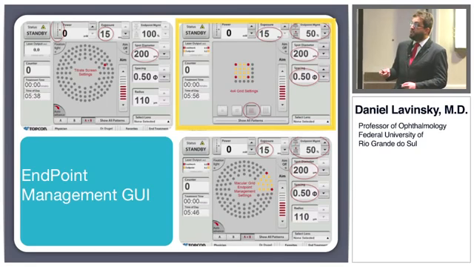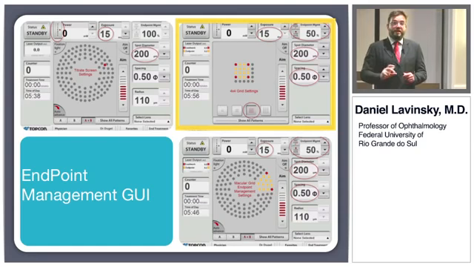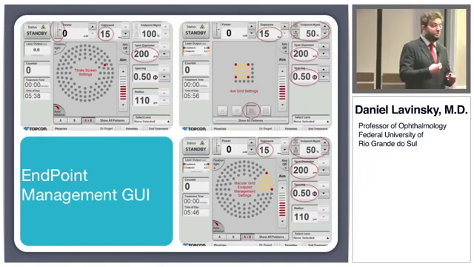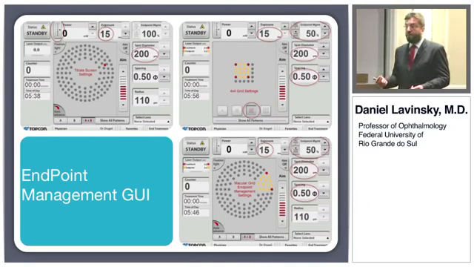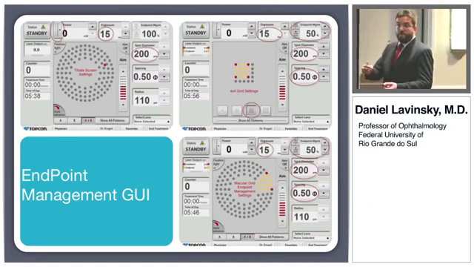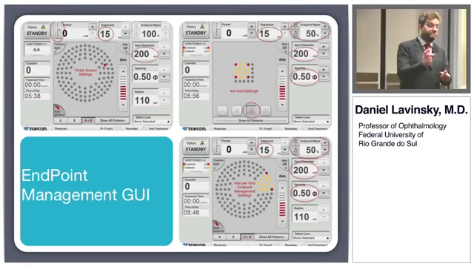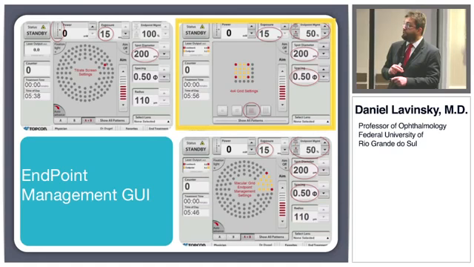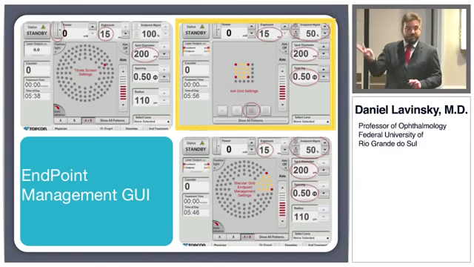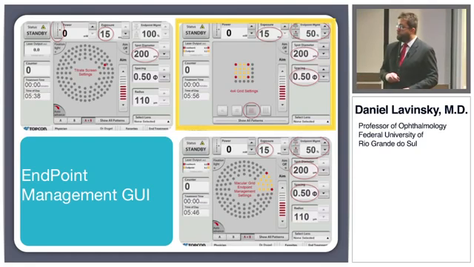Then when you go to the endpoint management software, we decrease this energy, and the physician doesn't know which power and which duration is being applied to the retina. That's a good thing, because usually physicians don't know how to titrate, so they may increase the power or decrease the duration, and that's when the confusion begins. If you keep it as energy, that's better. So you always stay on the curve, and that's really the goal of the endpoint management software.